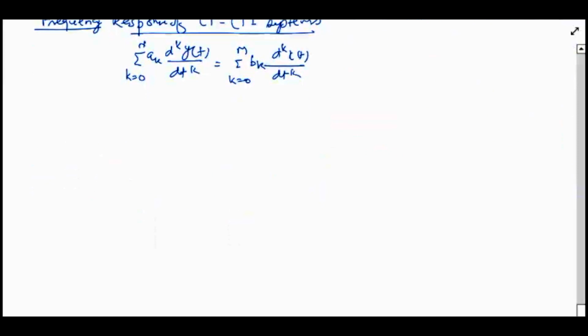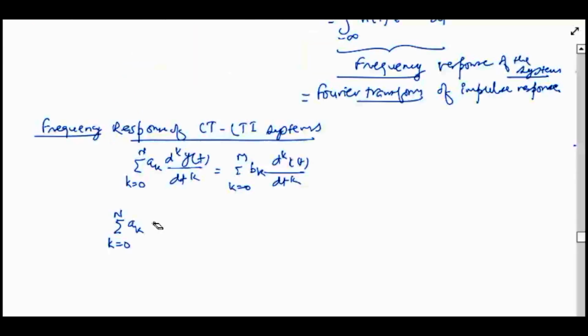If we use the derivative property, we can write the Fourier transform of both the sides as follows: the sum from k equals 0 to n of ak (j omega) raised to k Y(omega) equals the sum from k equals 0 to m of bk (j omega) raised to k X(omega).